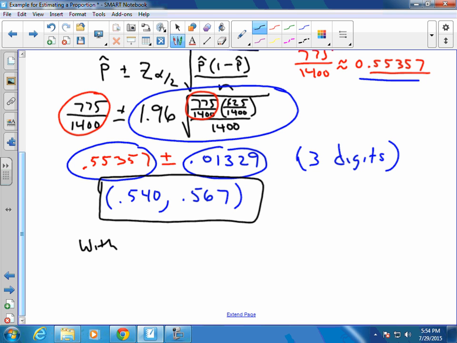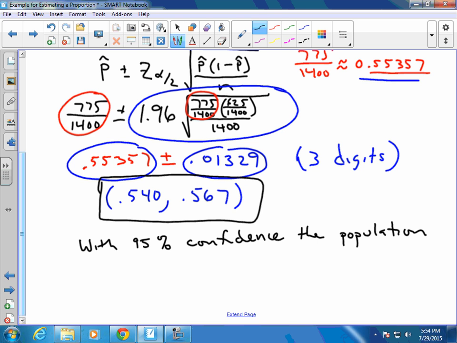So all of our proportion interpretations of a confidence interval are going to start with a statement of the confidence level. So with 95% confidence, and then we're going to say what the actual population proportion would be in this particular case. So with 95% confidence, the population proportion.